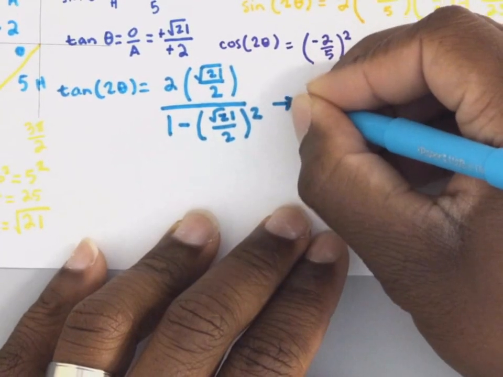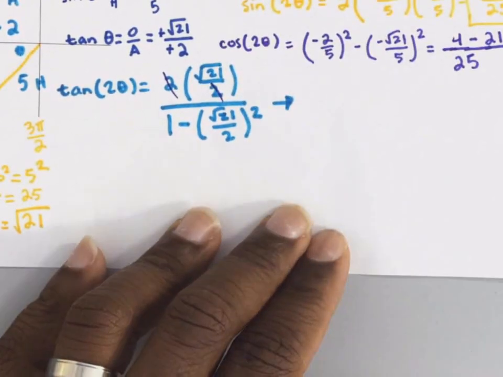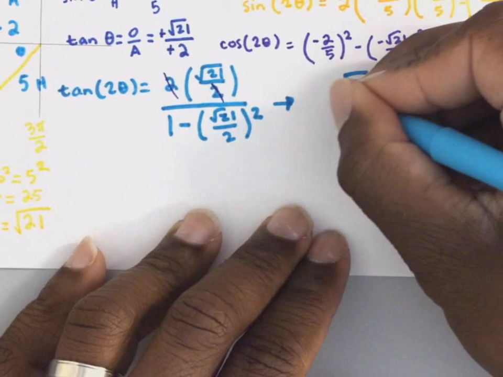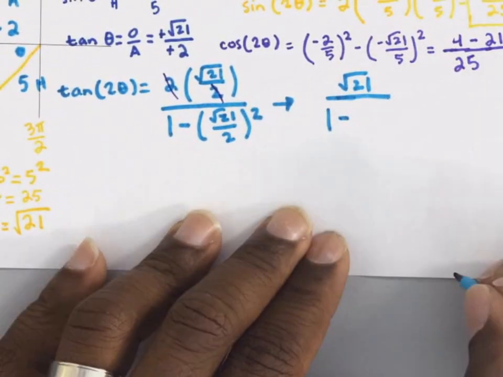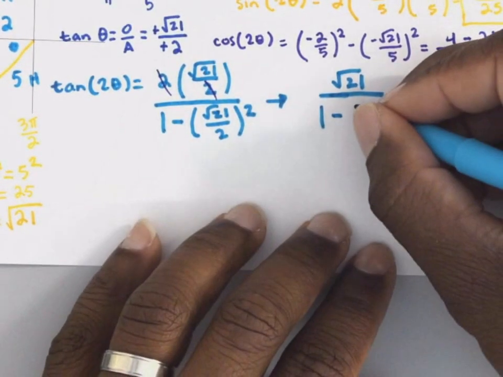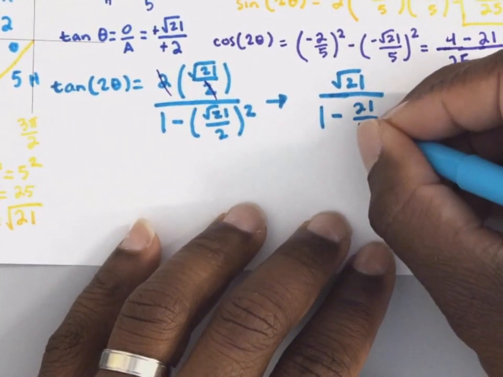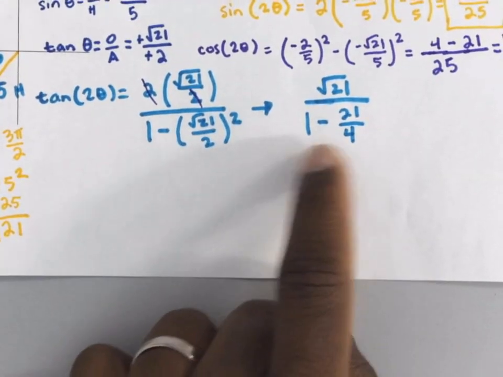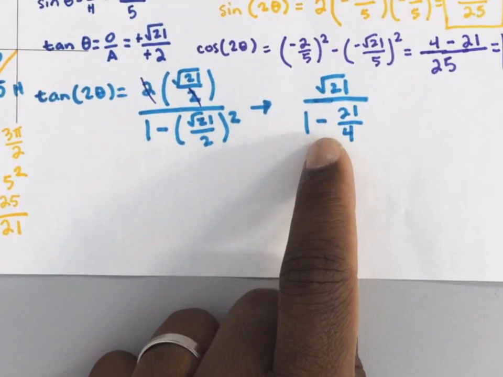All right. So I'll go ahead and cancel these 2 out, leaving me with just root 21 in the numerator on the top. Then I got 1 minus, what was root 21 squared? Just 21 over 2 squared, 4. To get these together, I need a common denominator of what? 4.